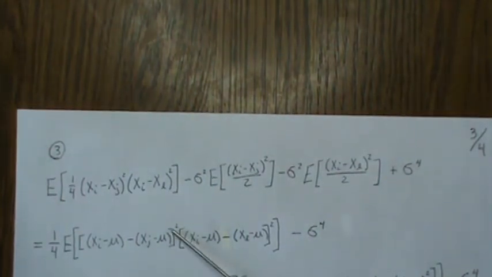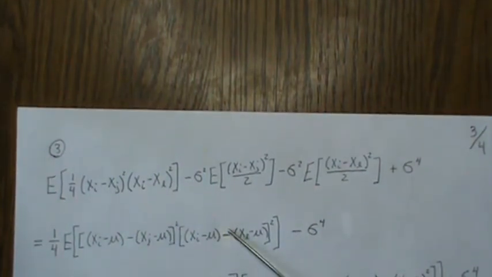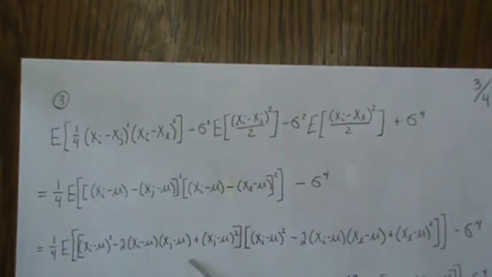Now let's FOIL this and FOIL that. So we get this square, that is this foiled, and then this is that foiled. Now we need to FOIL this and this. But I'm not going to do it and just walk you through what I do.